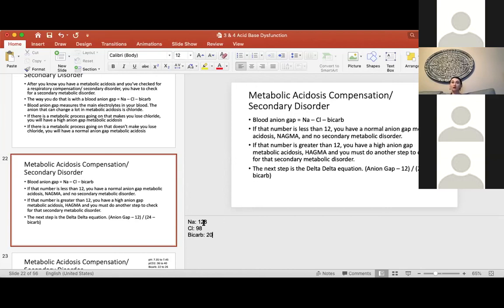Sodium minus our chloride is going to be 30. Then our bicarb is going to be 10. So the number is less than 12. So we're okay. We've got a normal gap.